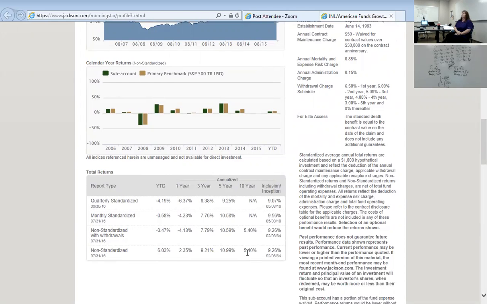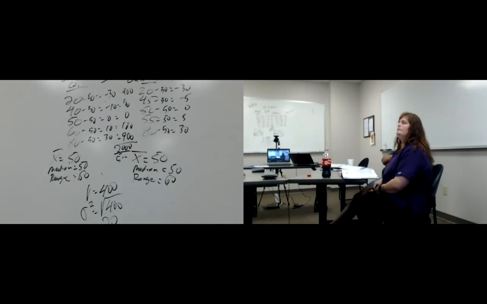Across the 5 years average, I earned 11%. But if I went back and looked at each individual year, I could have been as much as 11, or whatever that standard deviation was. So back to our cappuccino.